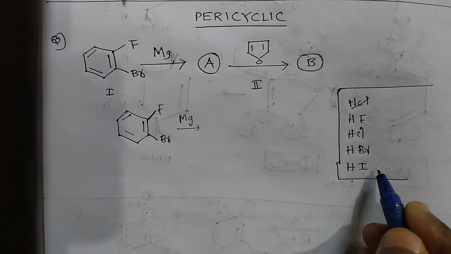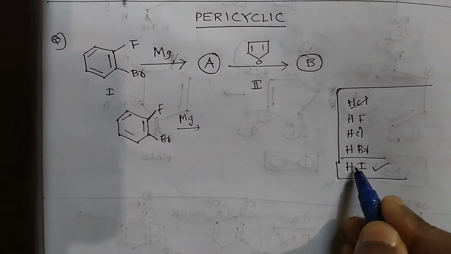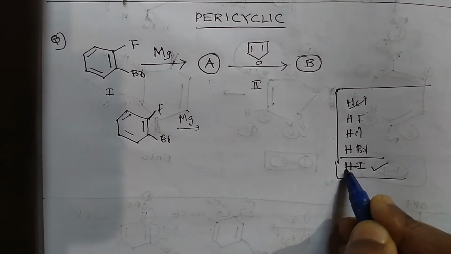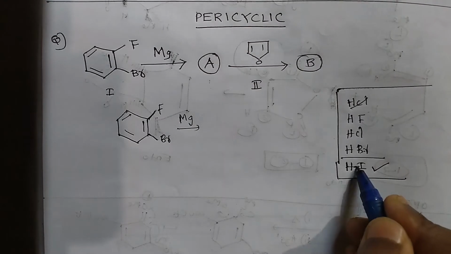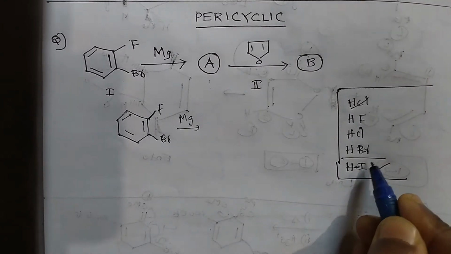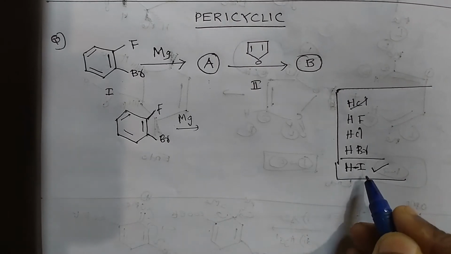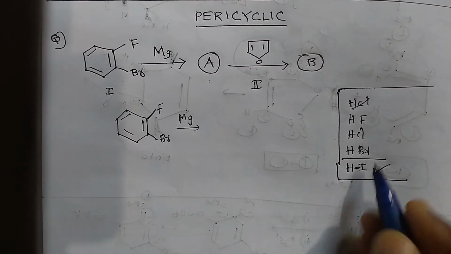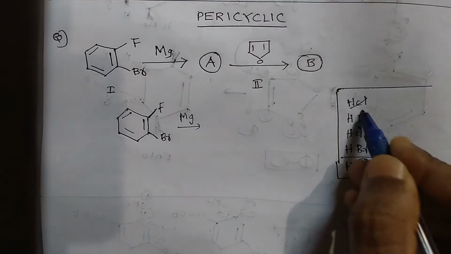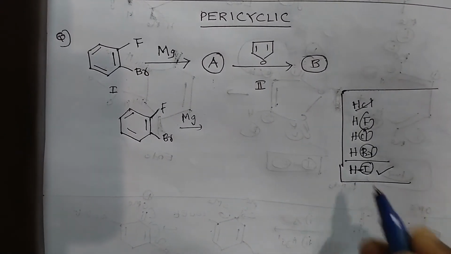Actually, the bond between H and I can be easily broken. So it will lead to release of H plus. So it is more acidic in nature. So as the size of the halogen increases, the chance of breaking increases.